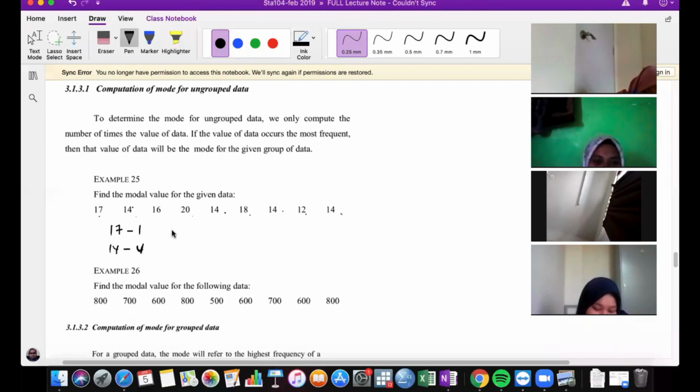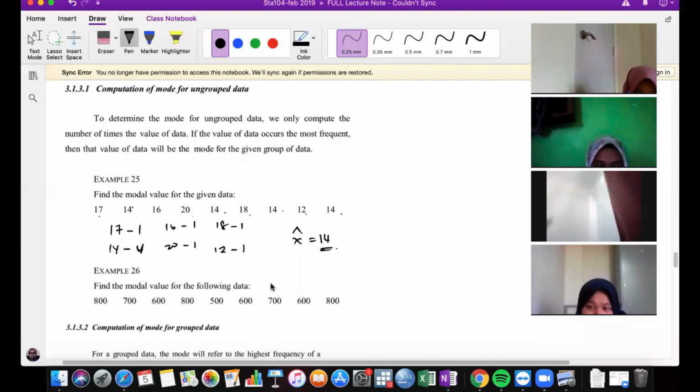There are 4 values. And 16, we only have 1. 20, we only have 1. 18, also 1. And 12, also 1. So the mode value is equal to 14. So we have the most frequent value to occur. This is the mode, right? This is how you calculate mode for ungrouped data.